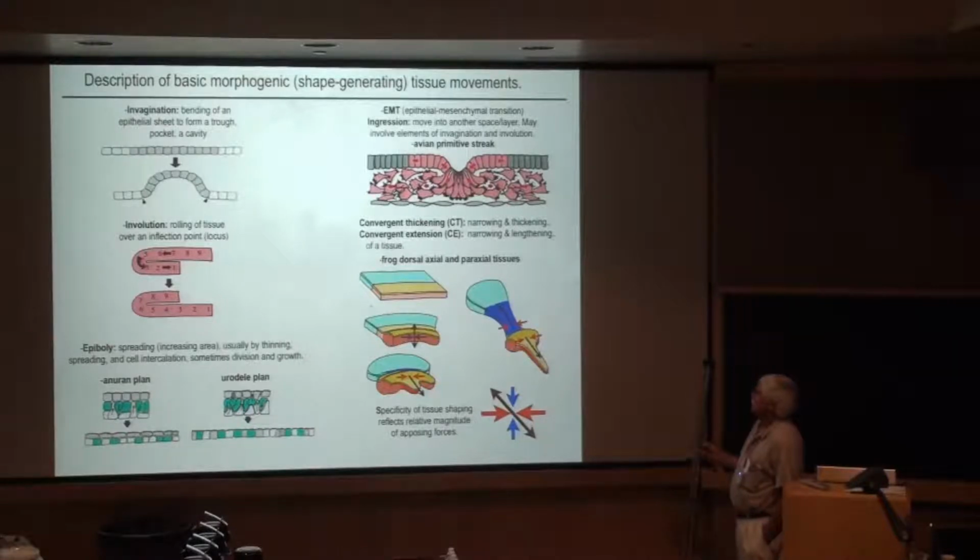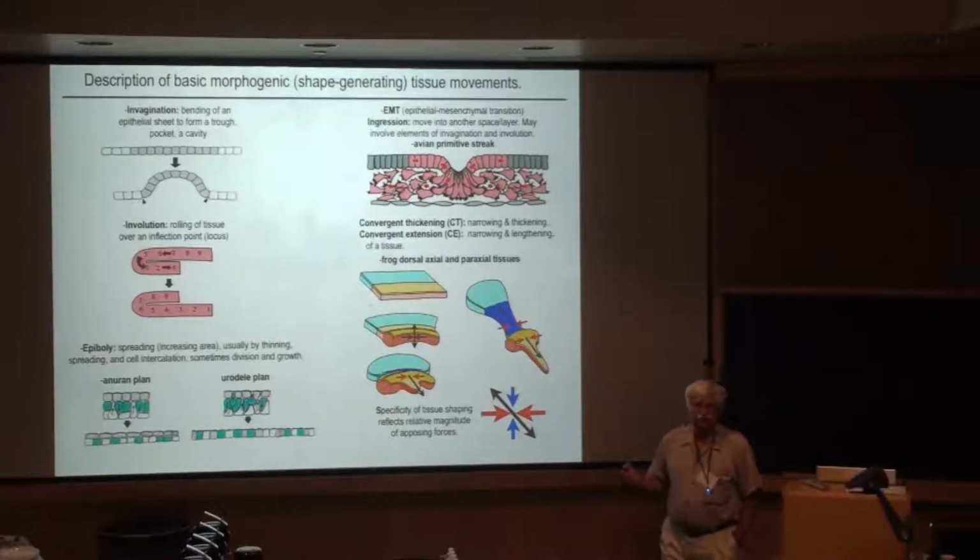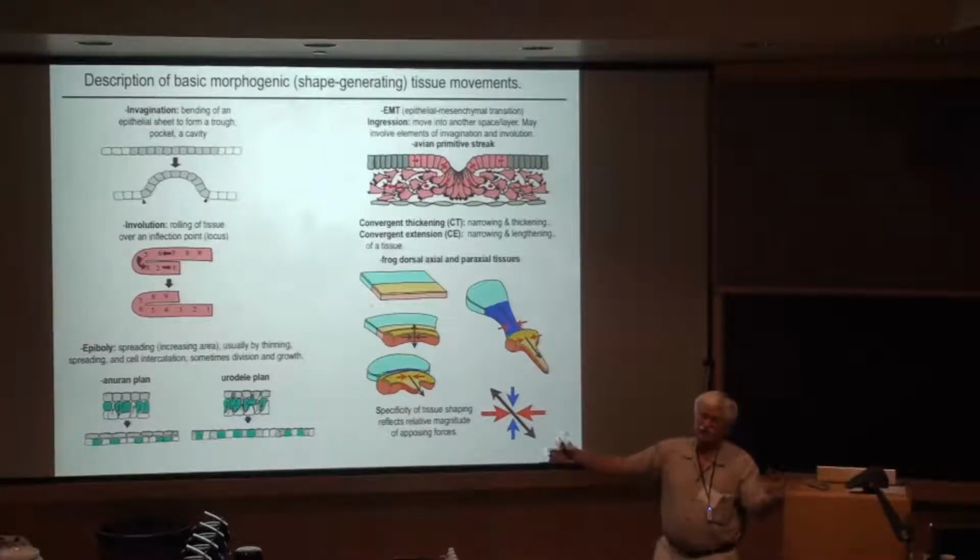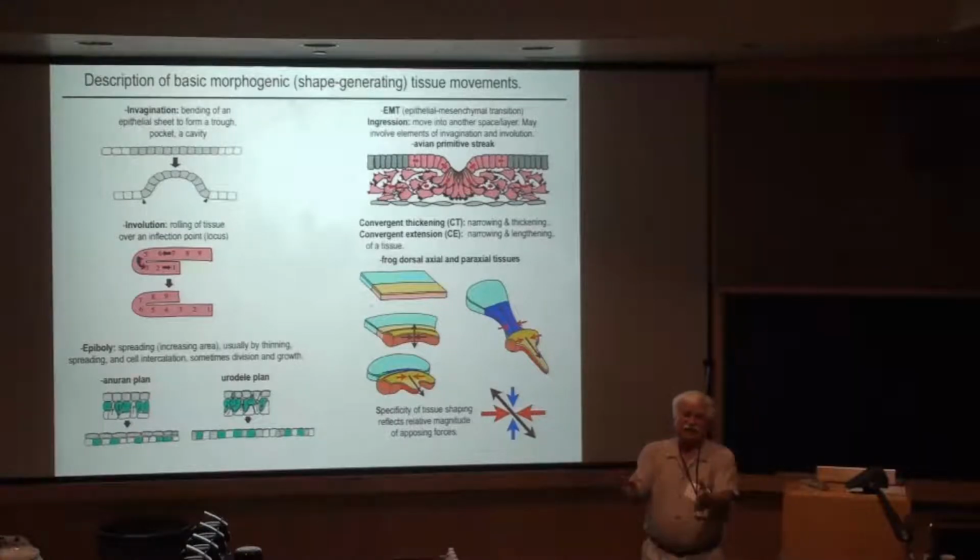Convergent extension and convergent thickening, these are two terms, and this one arose in the 40s. Basically, convergent extension means narrowing of a tissue and lengthening in another direction. Convergent thickening is narrowing of a tissue and thickening.